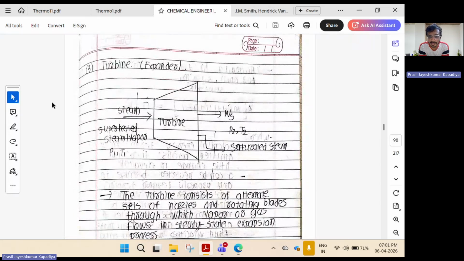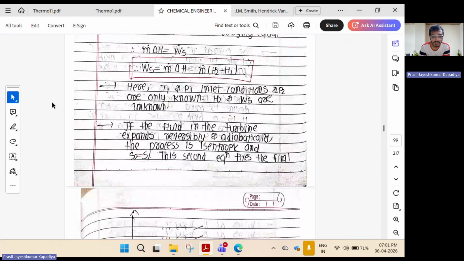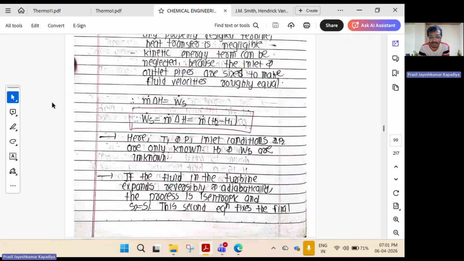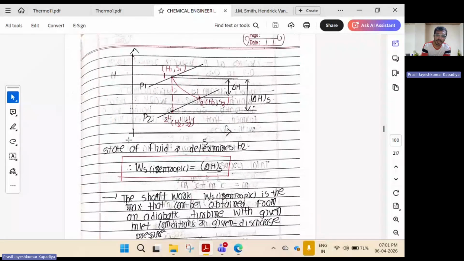It converts superheated steam into saturated steam with W equal to m dot delta H, and you know H1 S1. From H1 S1 you are going to H2 S2, so you need to follow the isentropic path, and from the isentropic path and from efficiency you can find H2 and S2. This is the maximum shaft work that can be obtained from an adiabatic turbine, but in reality you cannot obtain that maximum, so you need an efficiency factor.